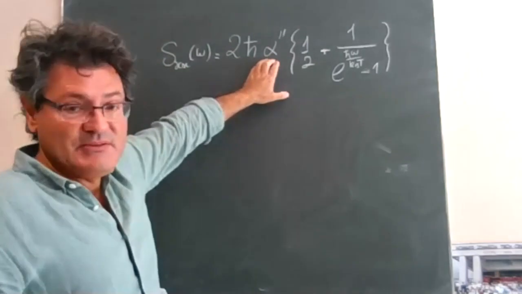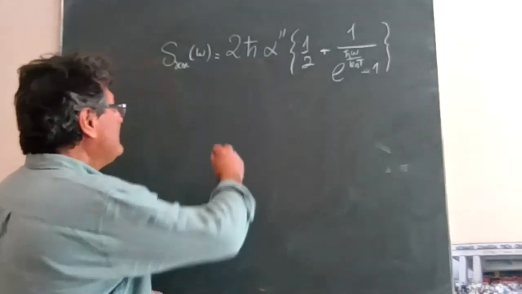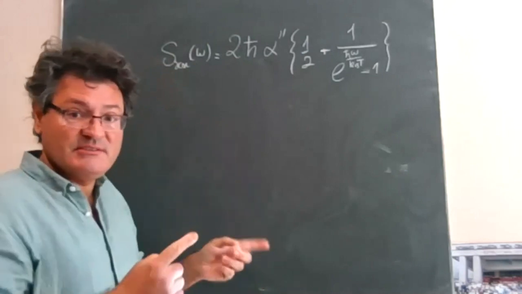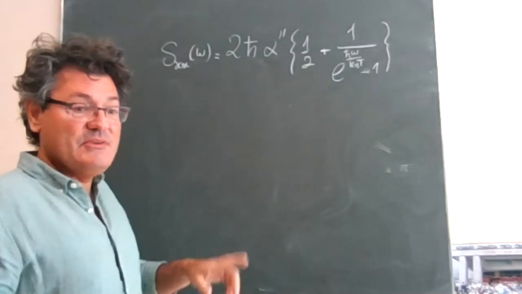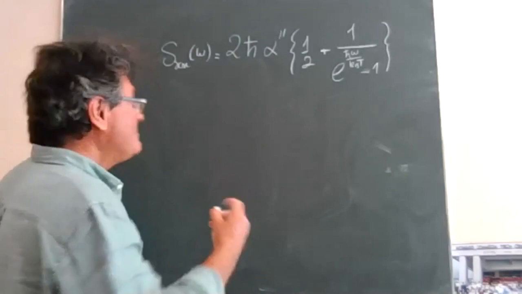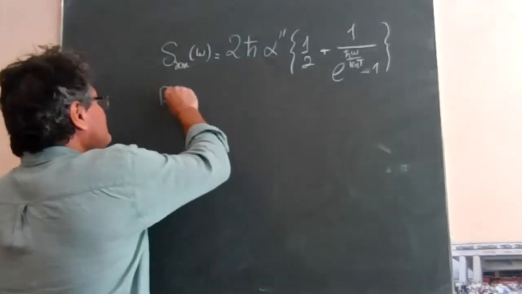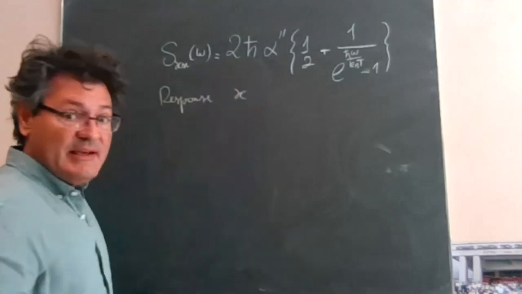Okay. So what is alpha? Well, in the frequency domain, alpha is the constant that relates the response and the excitation. So the response is the variable x.